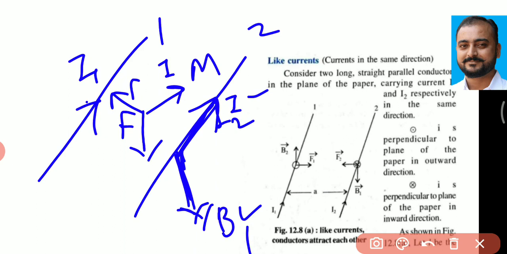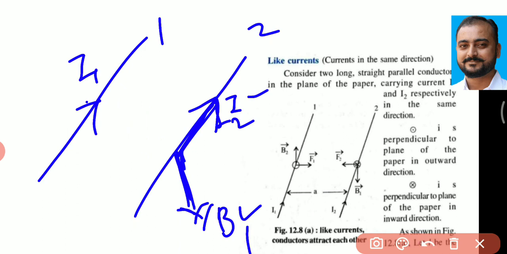So here the direction of force is directed toward conductor 1, that is F2. You can see this one, F2.